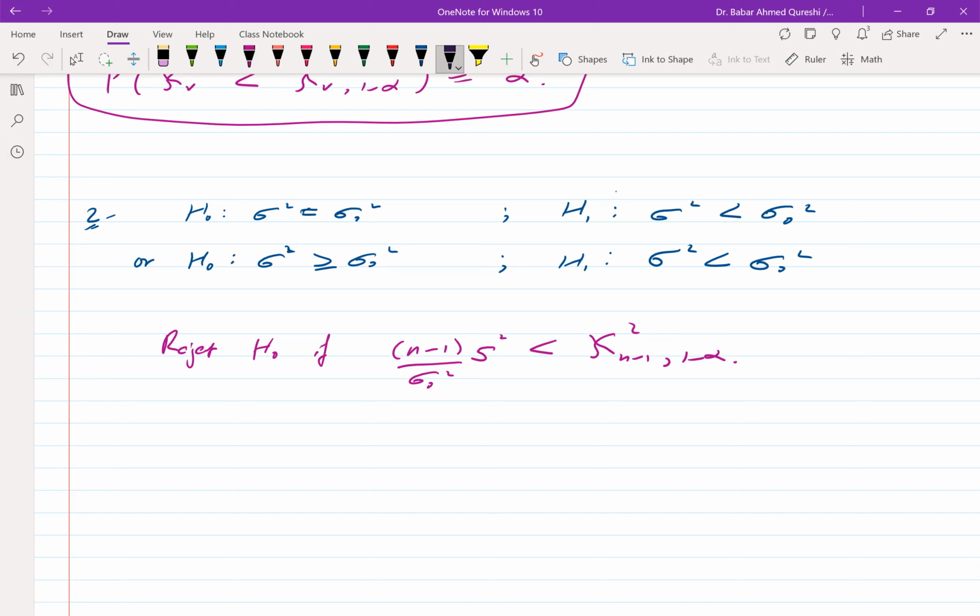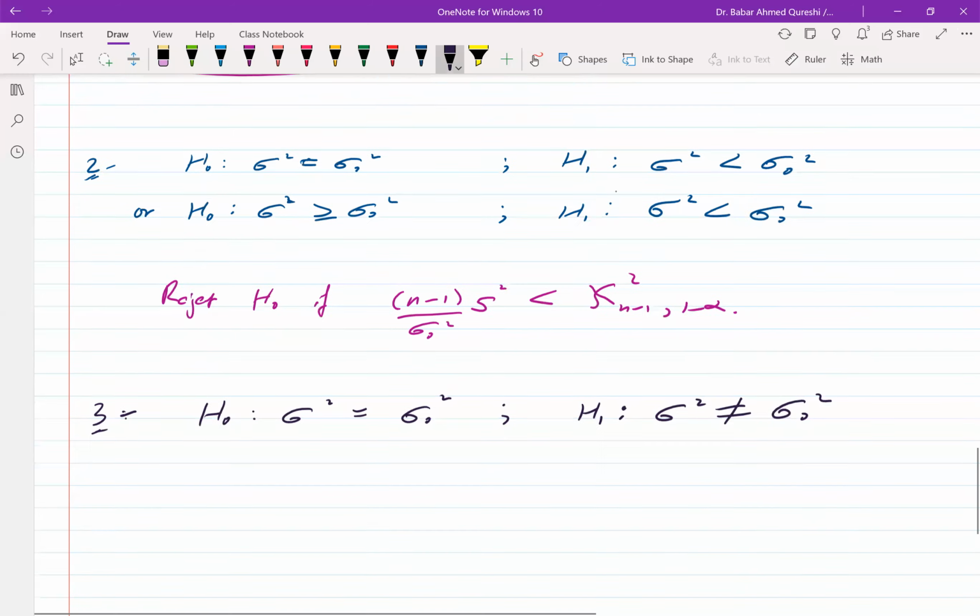Similarly, you can do the two-sided. In that case, sigma naught square is exactly equal to sigma, a specified value, and the alternate is that sigma square is not equal to sigma naught square.